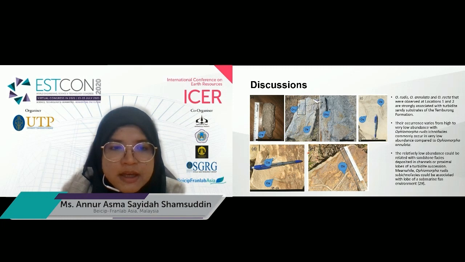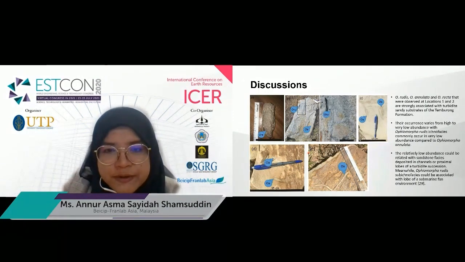The relatively low abundance could be related to the sandstone facies association with the channels and proximal lobe in the turbidite association. While for Ophiomorpha rudis, we have some ichnofacies that could be associated with the submarine fan environment.